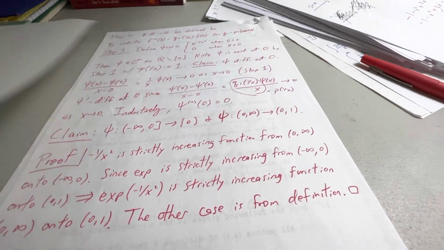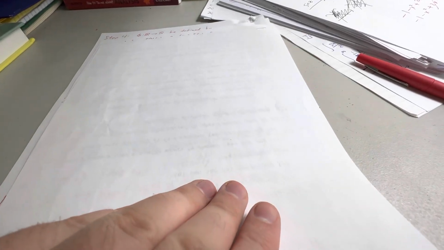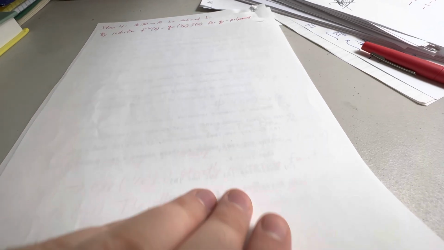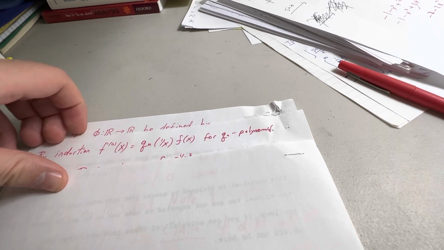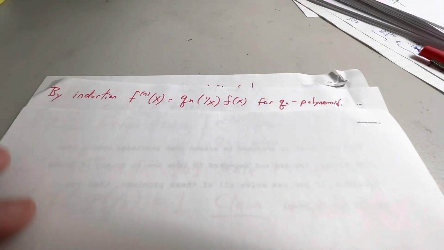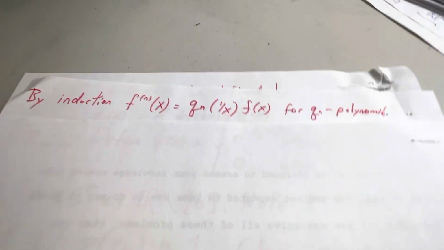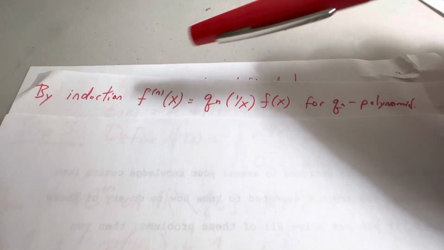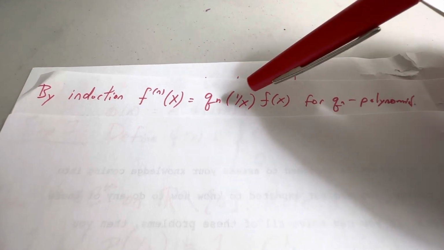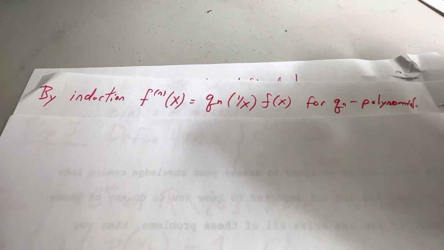Let's see here. Move this off to the side. Cover this up. Where is step 3? Oh, step 3 is here. We can use induction to show that for any derivative that we want to take of f, we get some polynomial of 1 over x times the original function f of x.